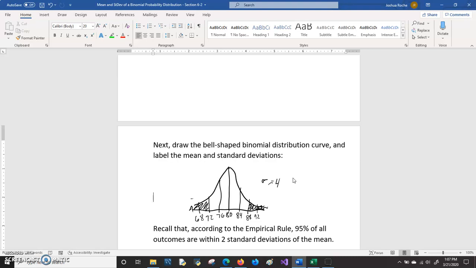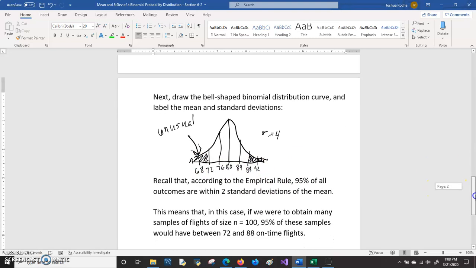So I'll just put, this is unusual. So in either tail, if an outcome falls in there, that would be unusual.